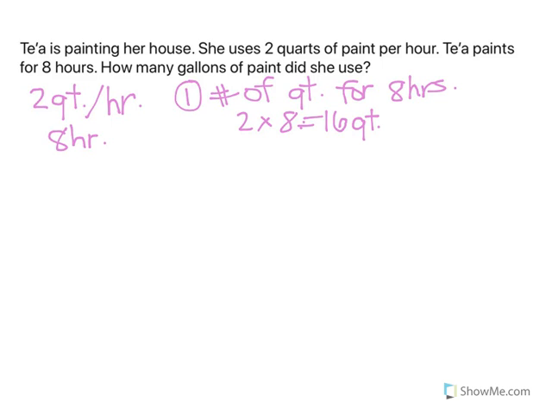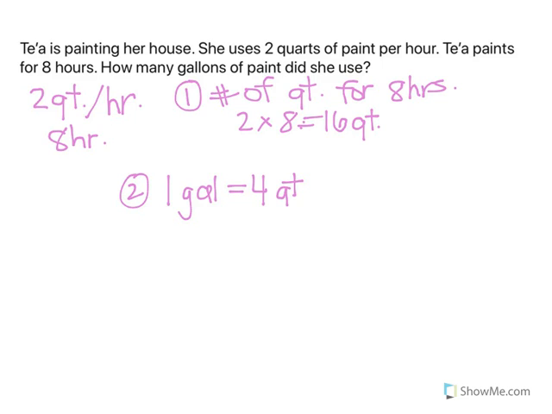Now I need to figure out how many gallons that is. Well, let's think of gallon person. 1 gallon equals 4 quarts. Because there was 2 arms and 2 legs, so that's 4 quarts.